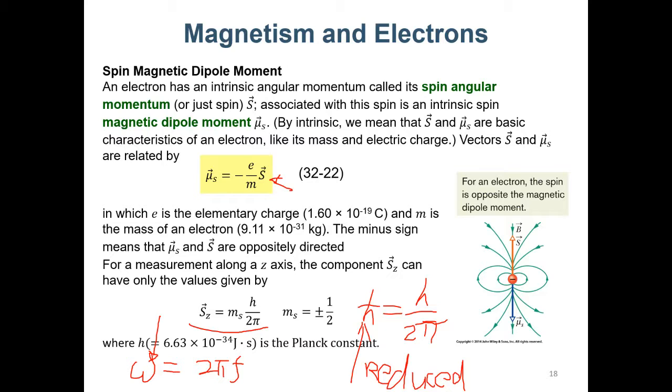We can only measure the spin over one axis, for example, over the z-axis, or over the x-axis, or over the y-axis. And if we measure the spin over a certain axis, it will be quantized. And we substitute it into here.